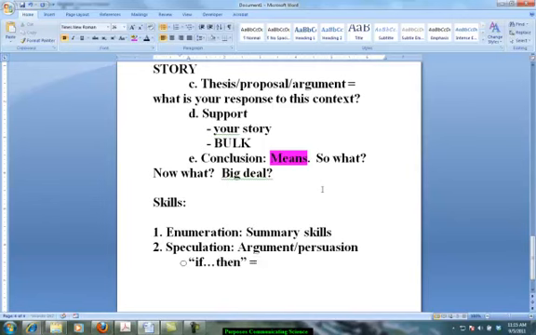It is probably one of the most effective speculative writing techniques that we have. So we're going to be working a lot with if-then statements, or if-then argumentation, in your writing. So keep these 2 in mind: enumeration in terms of summary, and speculation, by which I mean argument.